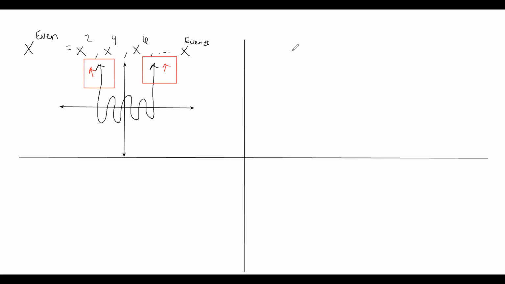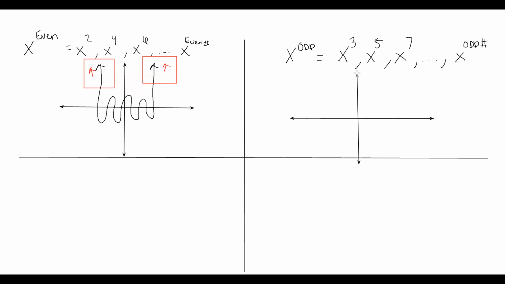My next type of function was anything with an odd exponent. These are examples like x to the power 3, x to the power 5, x to the power 7, and so on, anything with x to the power of an odd number. Let me draw these possible cases.